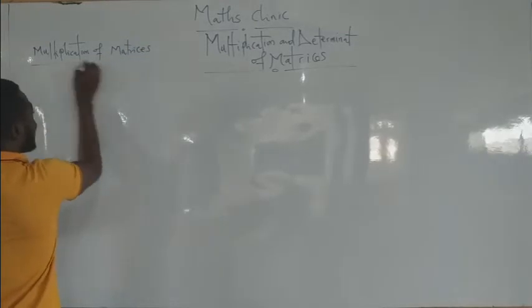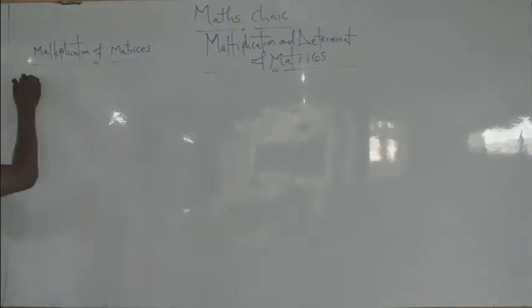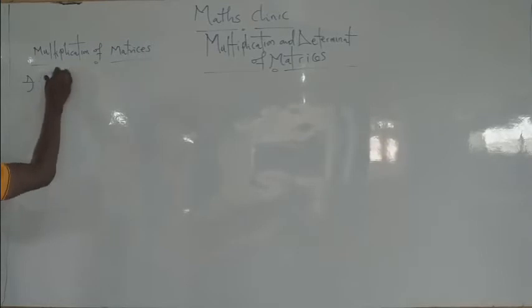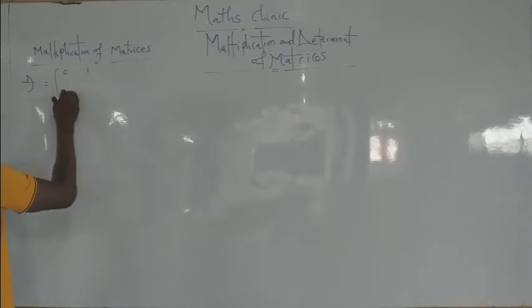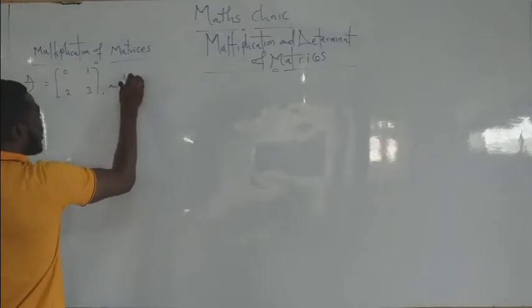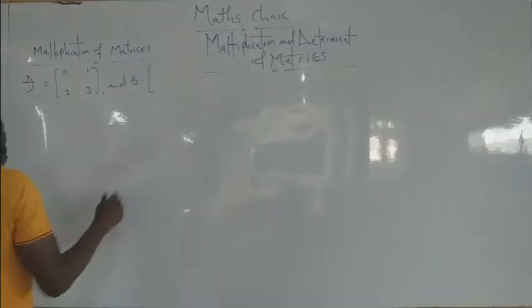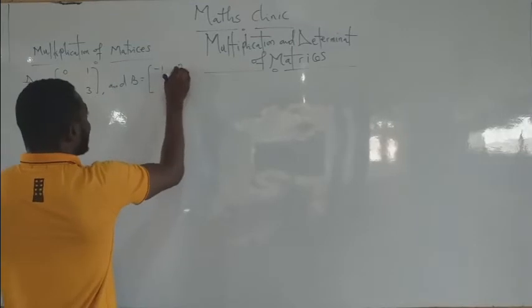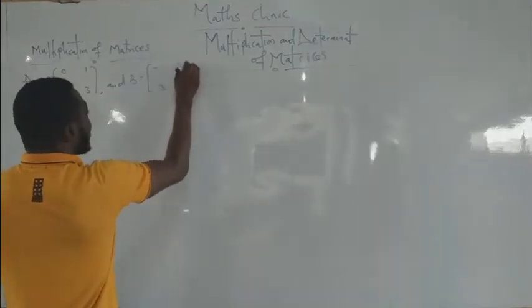Multiplication of matrices. Let's say we have matrix A equals 0, 1, 2, 3, and matrix B equals minus 1, 2, 3, 1.